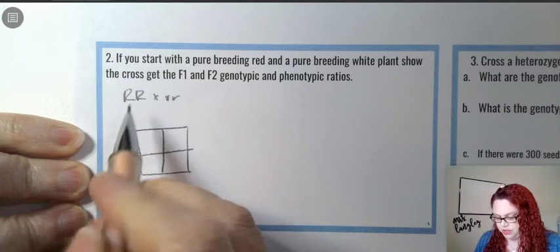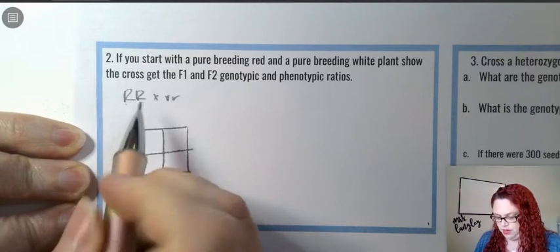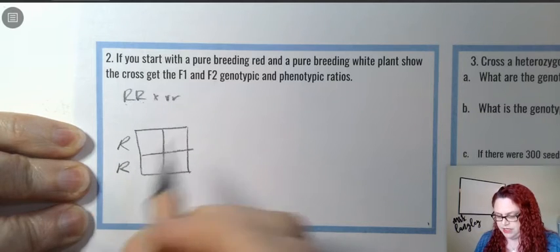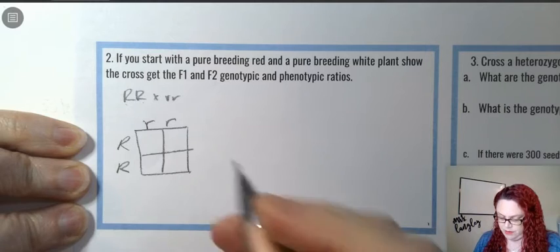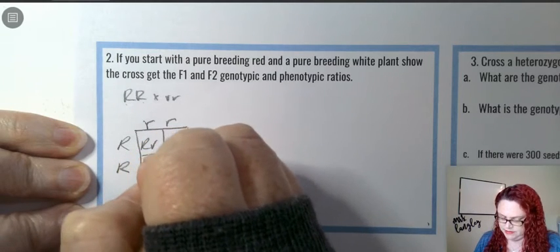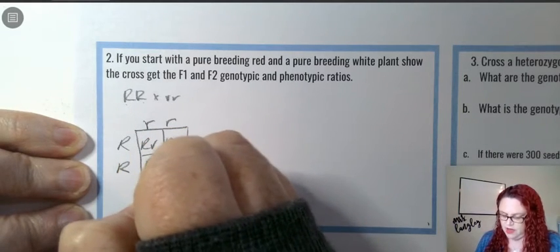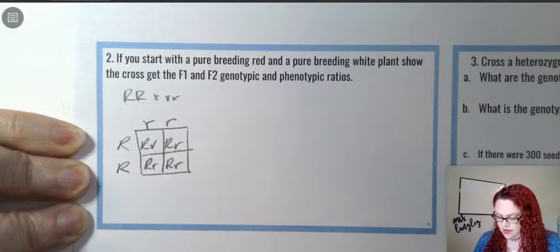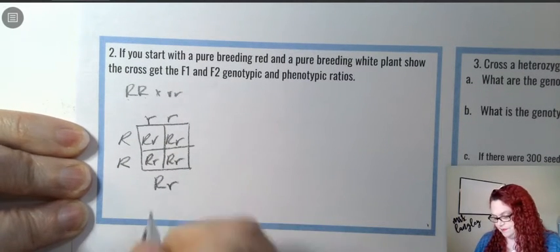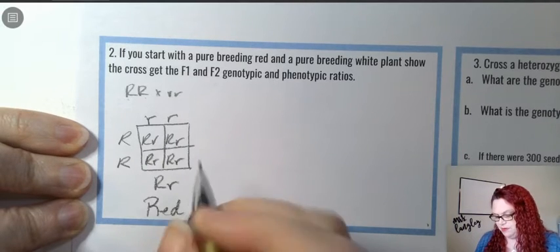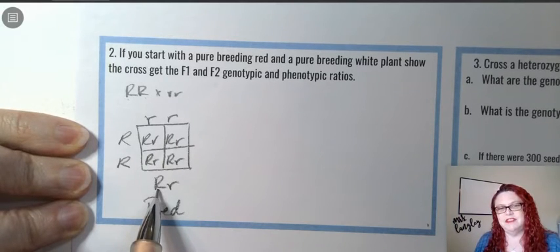So if there's two letters here, there's only one letter, and I have a big R or a big R. And here I have a little r or a little r. And when I put those together, I get this. All of my boxes are heterozygous. And remember that this is the dominant one, so they're red.